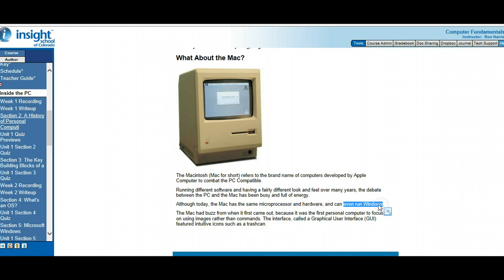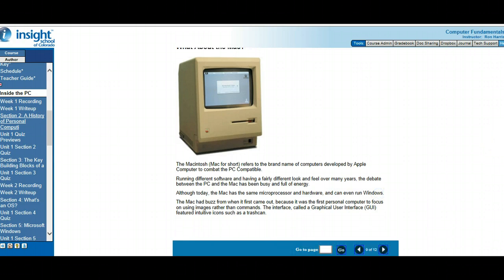And Macs really ran the first Windows computers. Now the great thing about Macs is that they focused on images rather than commands, so they created the graphical user interface, which had icons that you would put your mouse on to make things operate. On PC computers, you had to type in words to make the computer do things. On Macs, you would use your mouse and click on icons or pictures to make things happen.